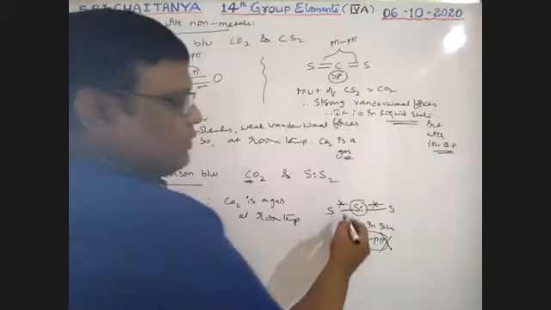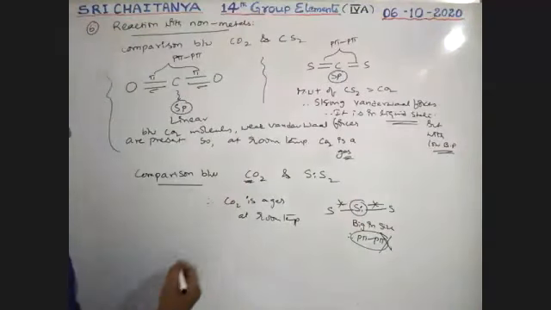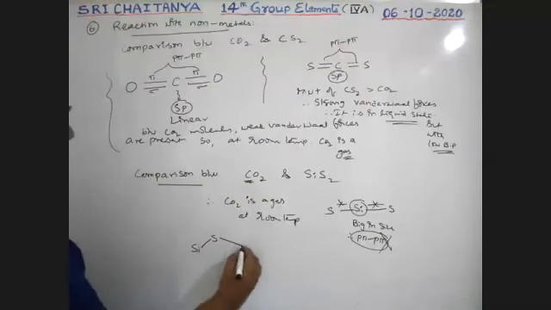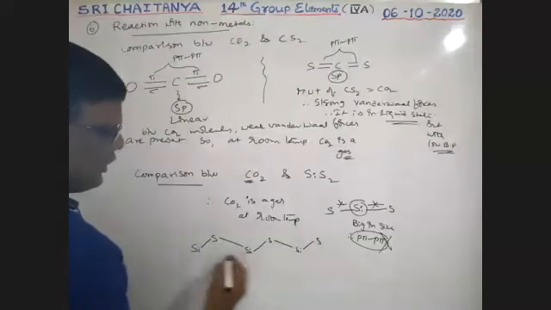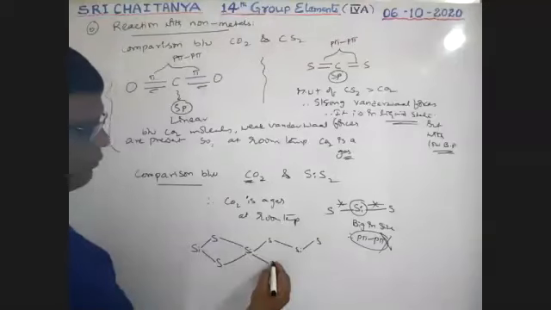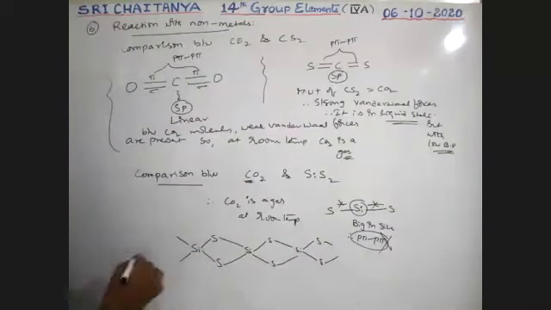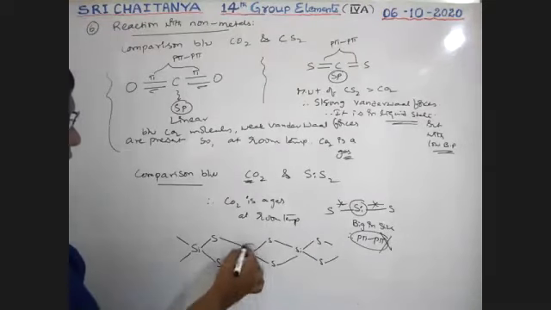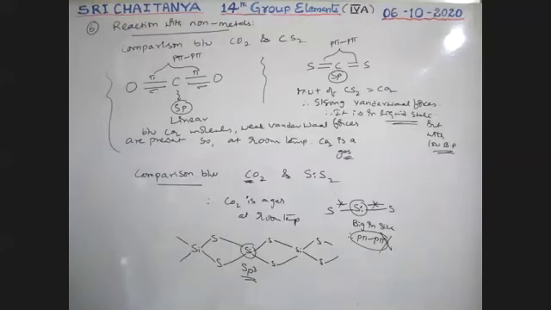So the structure of SiS2 is like this: silicon with sulfur, like this, and a polymeric structure is possible. Here silicon is in sp3 hybridization.